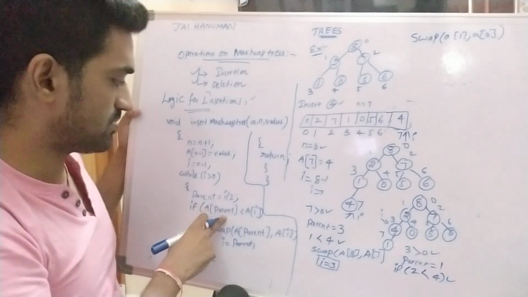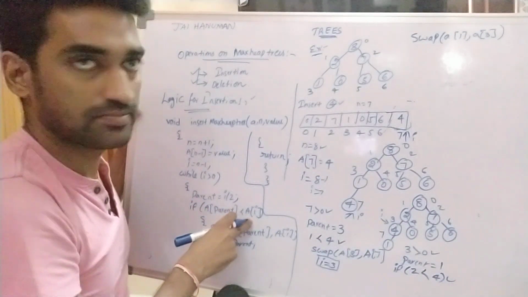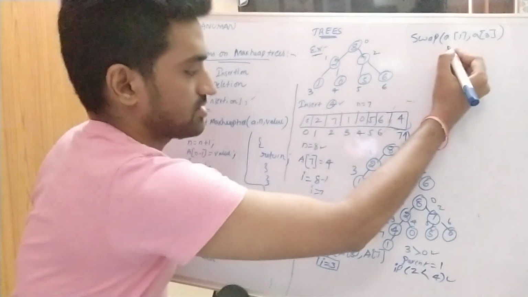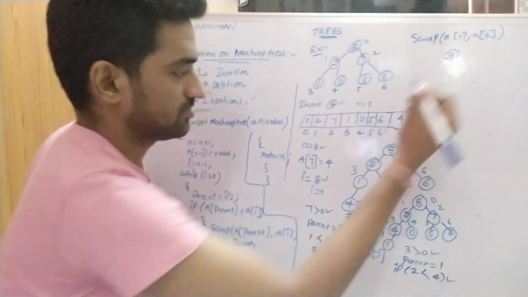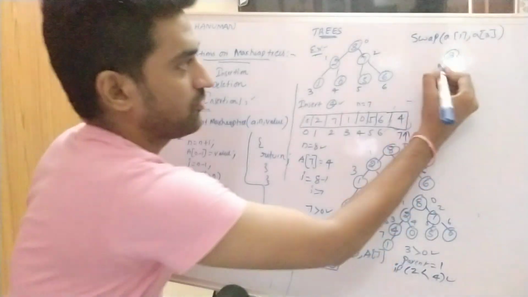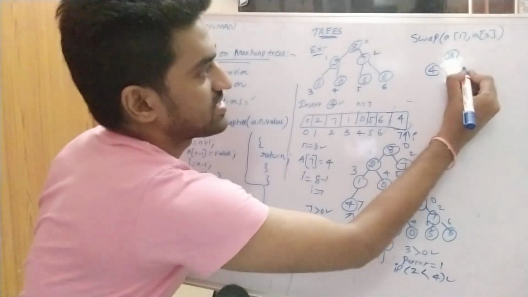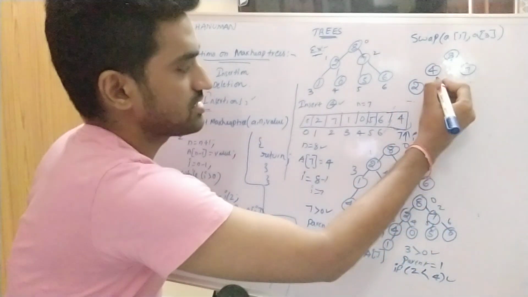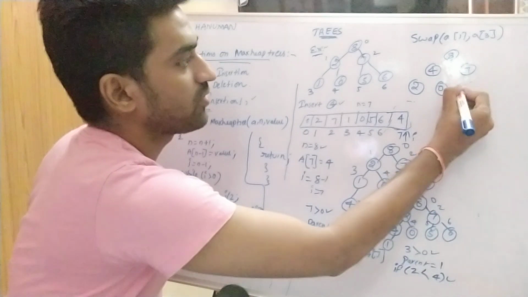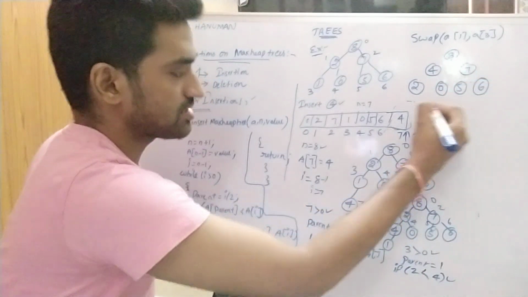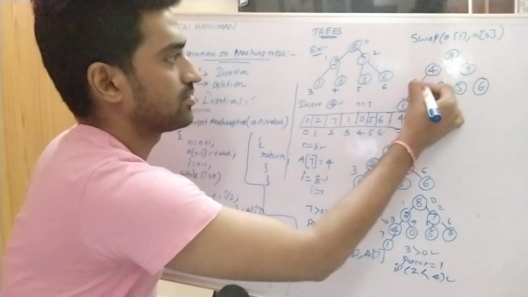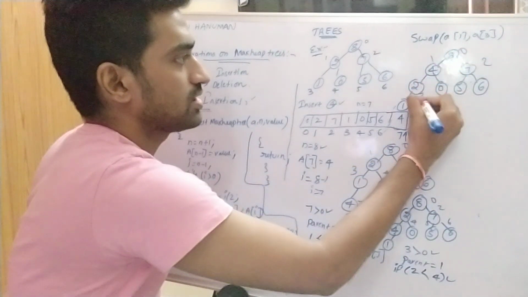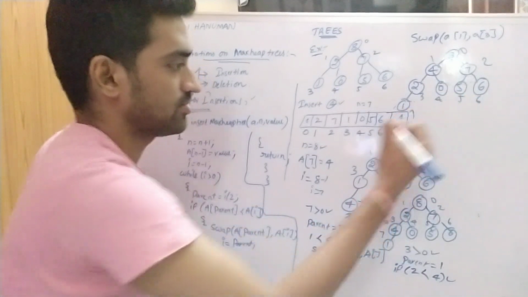Then the array becomes like this: 8, 4, 7, 2, 0, 5, 6, 1, with indices 0, 1, 2, 3, 4, 5, 6, 7.